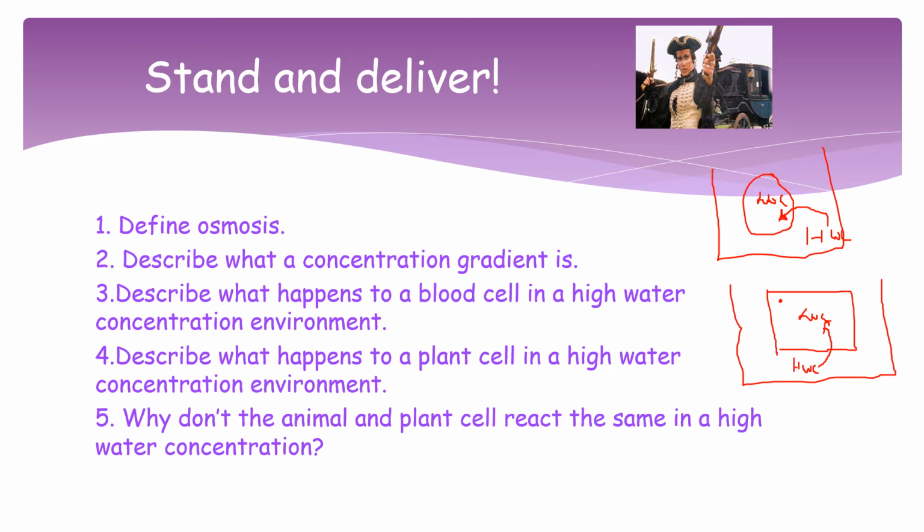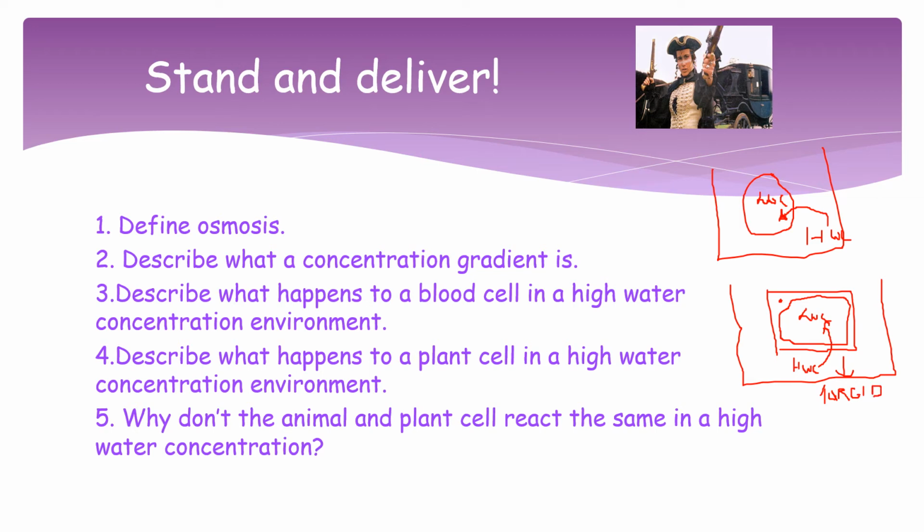And this time your vacuole is going to push the cytoplasm and the cell membrane against the cell wall. So that's going to cause the cell to become something called turgid. So we would want to say that our plant cell is going to become turgid in a high water concentration environment.